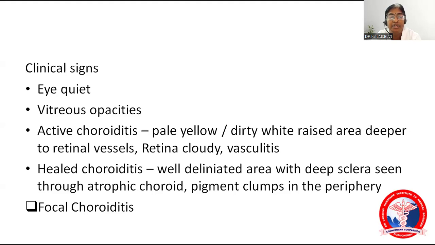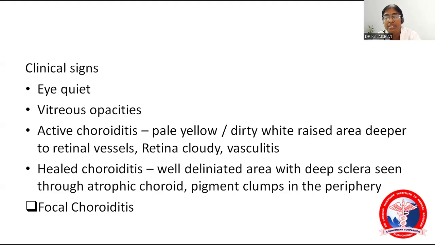And coming to the posterior segment, anteriorly you will have vitreous opacities which can be seen. On dilated fundus examination, you can see active choroiditis. These active choroiditis lesions appear as pale yellow, dirty white, raised areas.